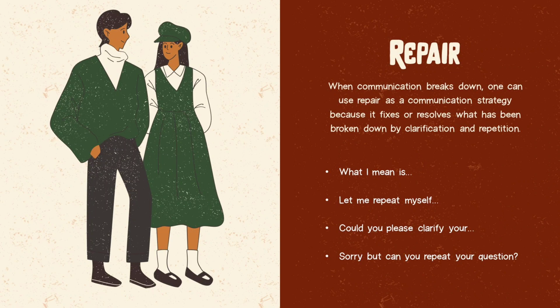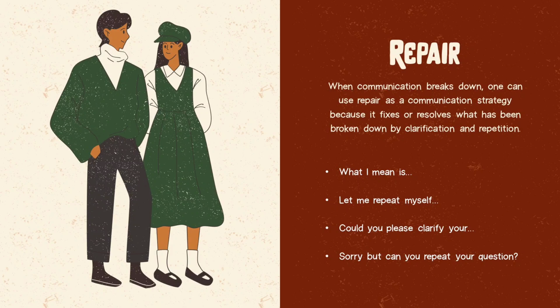Sixth, repair. When communication breaks down, one can use repair as a communication strategy because it fixes or resolves what has been broken down by clarification and repetition. This strategy allows both speaker and receiver to address the problem to avoid communication breakdown.